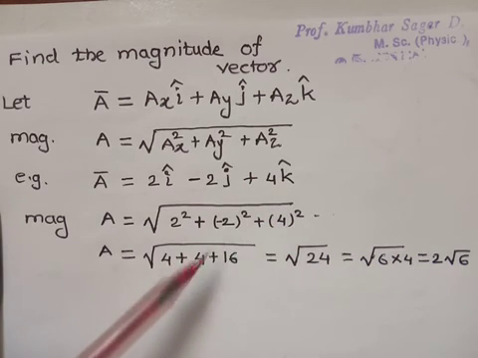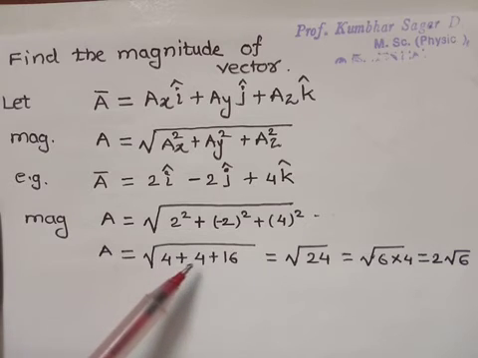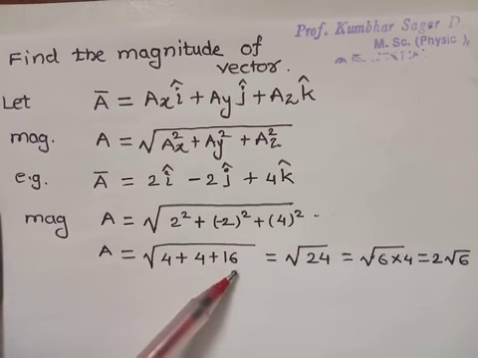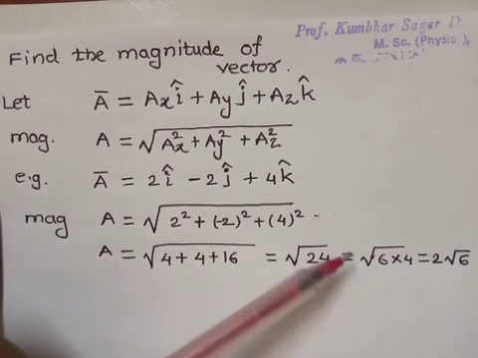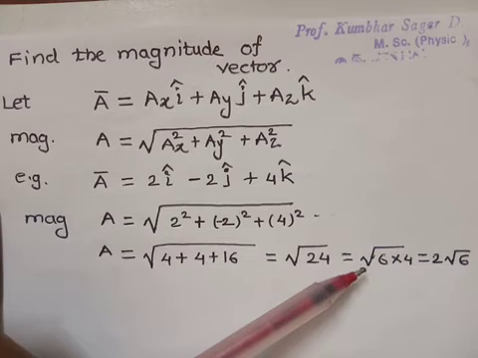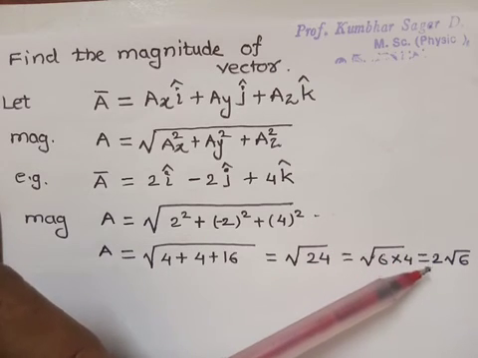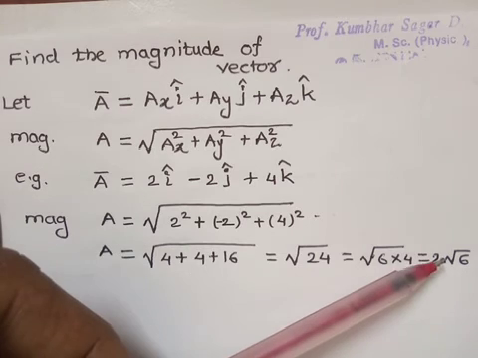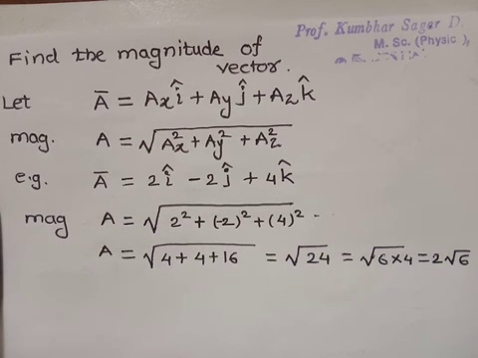Squaring all, we get A equals square root of 4 plus 4 plus 16. Hence, it is equal to root 24, which is root of 6 into 4. It is also equal to 2 into root 6. This is the magnitude of the given vector. By using this formula, we can easily find the magnitude of any vector.